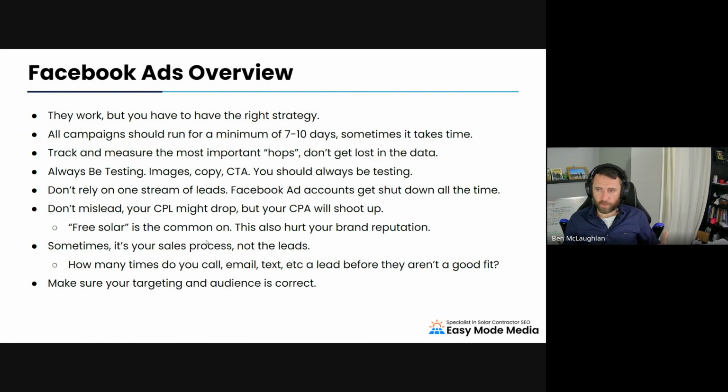Don't mislead with free solar. That's for the marketing agencies out there. Stop doing that. It's not working. It's hurting solar. And sometimes it is your sales process. Sometimes the leads are good, but as I mentioned, I've talked to people and their sales process consisted of contacting people twice. Typically you want to contact someone like 5 or 6 times.